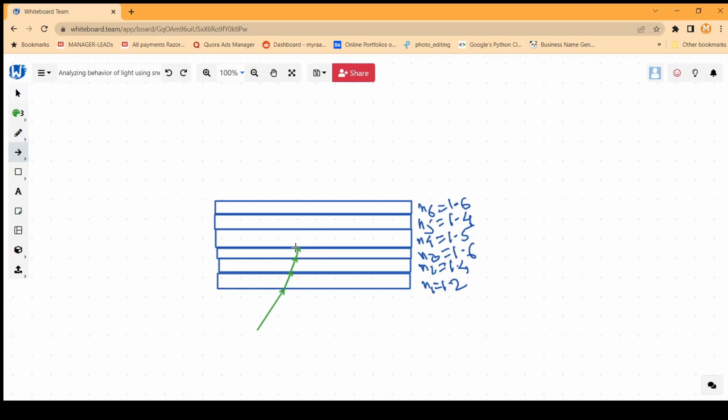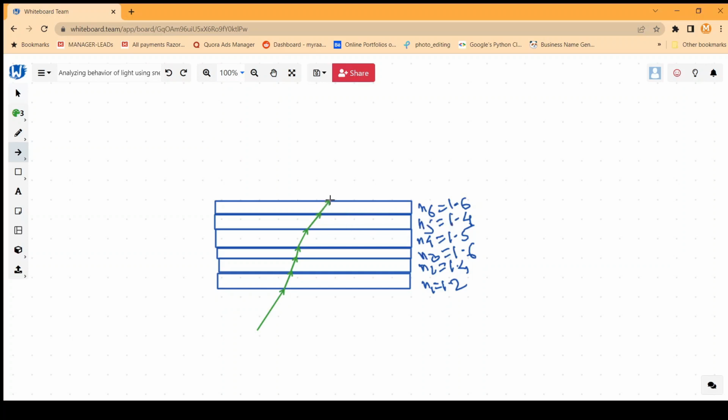So we can say that the ray of light will not go straight but bends away from the normal, taking a path like this all the way to here. Now here it is going to move from 1.5 to 1.4, which means from a denser medium to a lighter medium. So again, it will not go straight but bend away from the normal like this, and it's going to hit here. So it is now from 1.4 to 1.6, which is a denser medium.